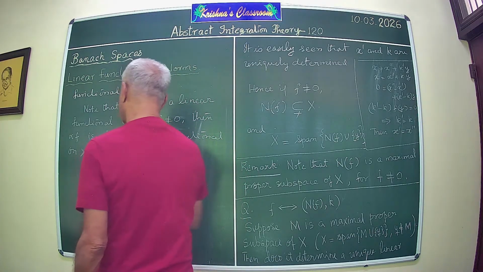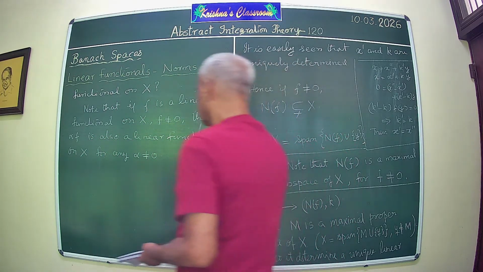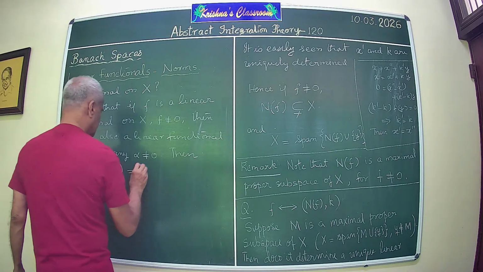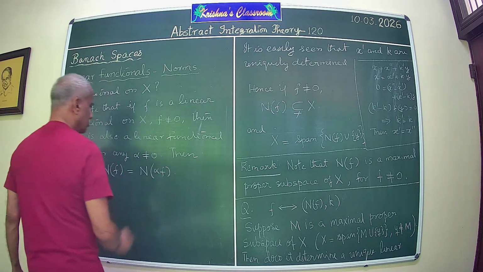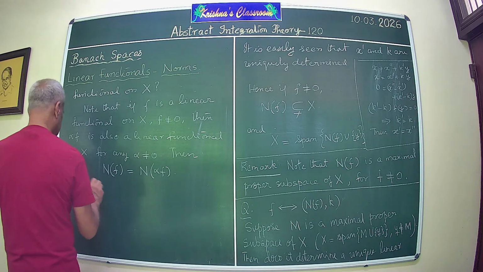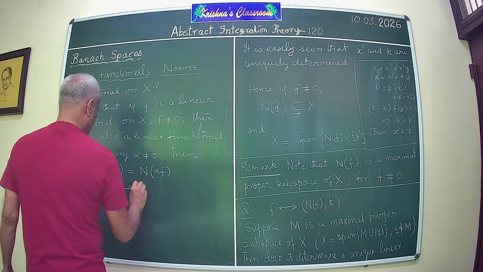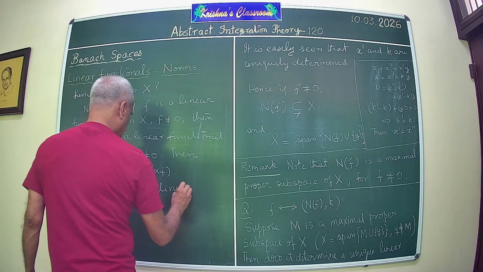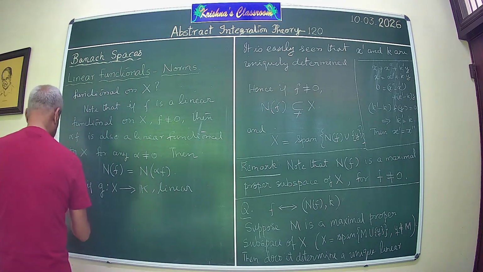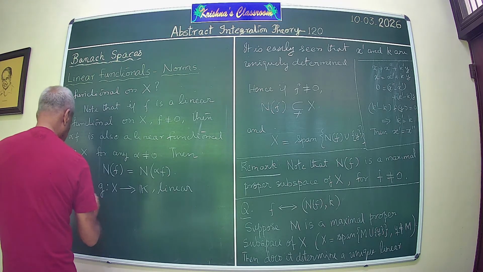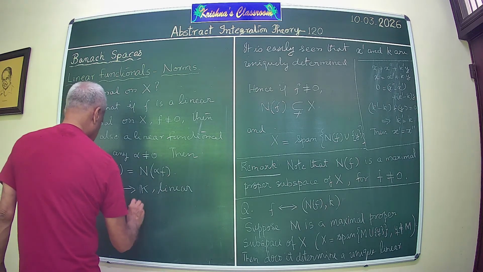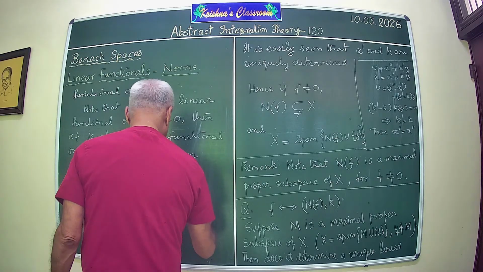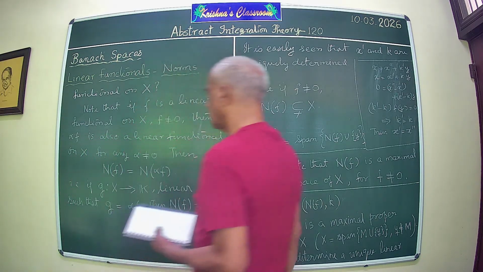Even when alpha equals 0, it becomes the zero linear function. Then the null space of alpha f is the same as the null space of f.